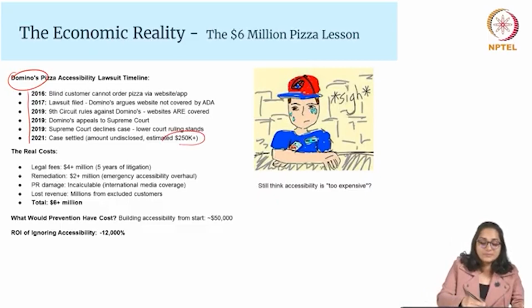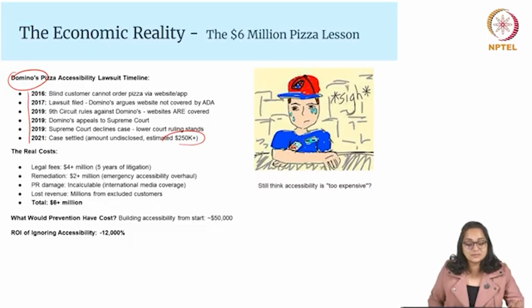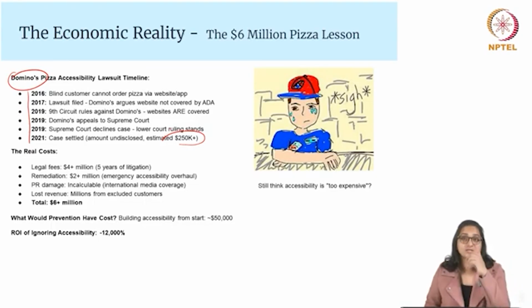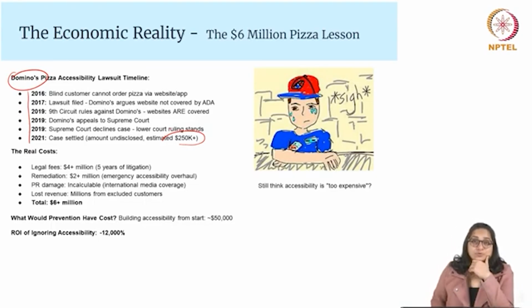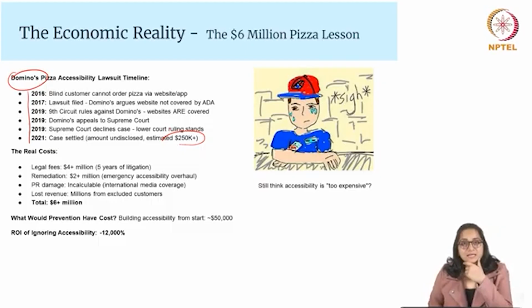So basically, some blind customer in 2016 was not able to order pizza via its website or the app. A lawsuit was filed in 2017, and Domino's argued that the website is not covered by the ADA, which is the law that all digital applications have to be compliant with. Then the Ninth Circuit ruled against Domino's, saying websites are covered, right?